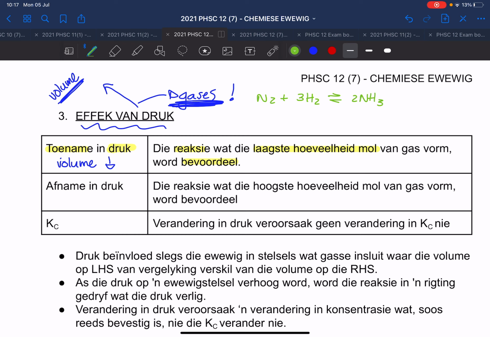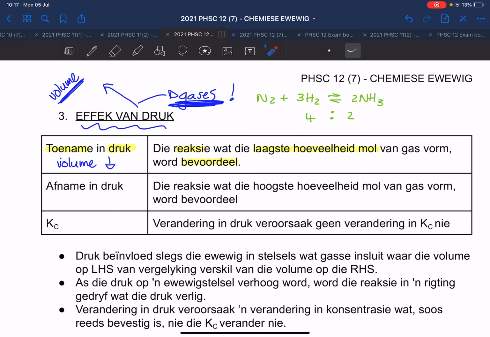Stikstofgas en 3 waterstofgasdeeltjies gee vir jou 2 ammoniak molecules. So if you compare the mole of gas, alles is gasse, then on the left-hand side you have 4 moles of gas, versus on the right-hand side you have 2 moles of gas. Hierdie is 1 plus 3, geef jou 4, en hierdie is 2.